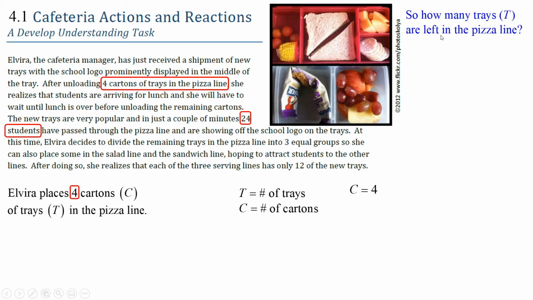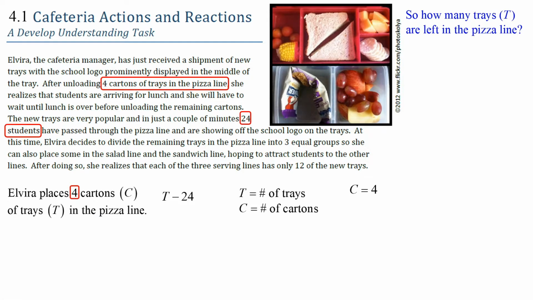So how many trays T are left in the pizza line? Well, the pizza line had T number of trays, and we didn't know what that was. And we have 24 students who had gone through the line. So the number of trays left in the pizza line would be T minus those 24.